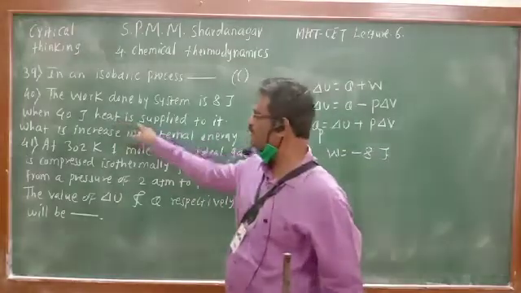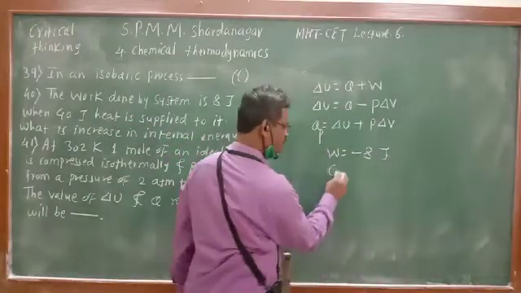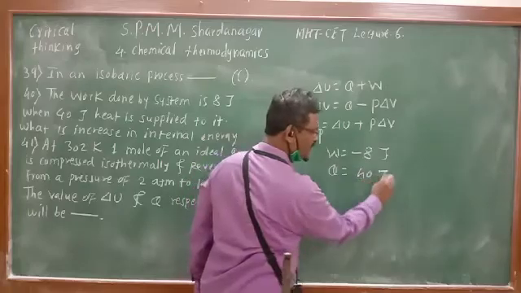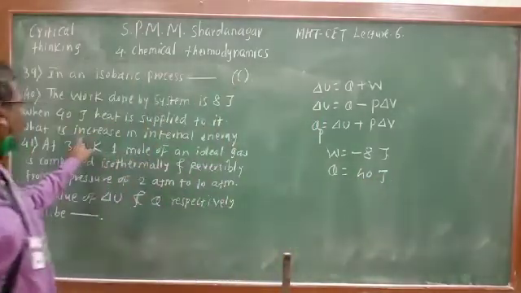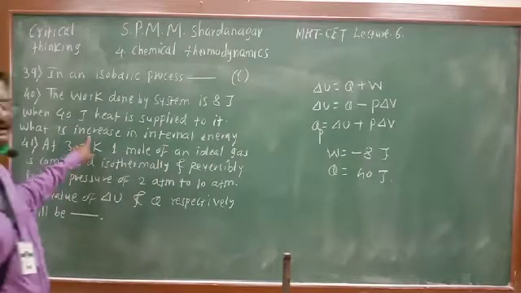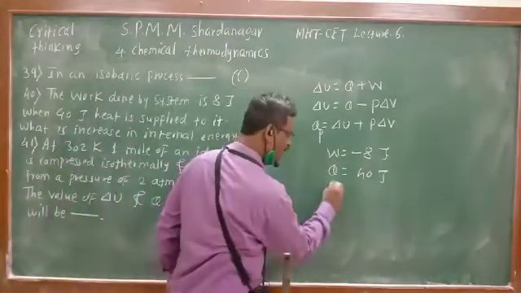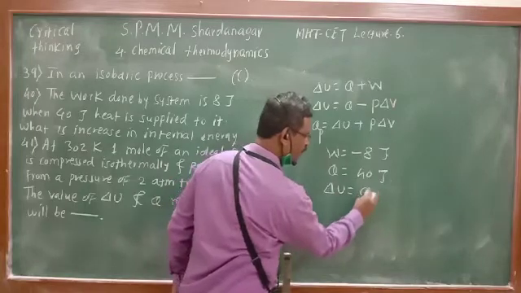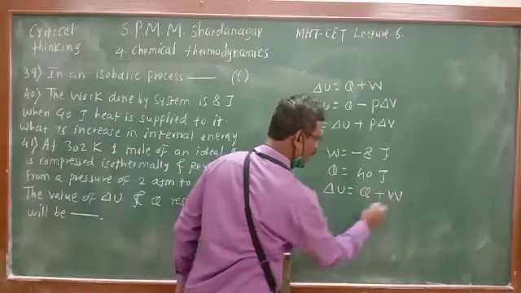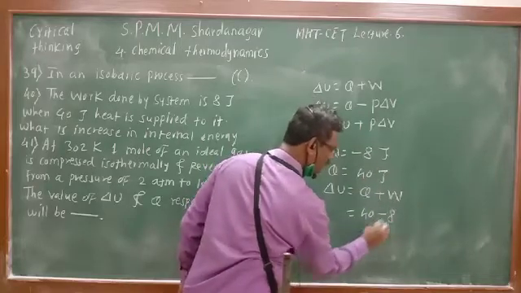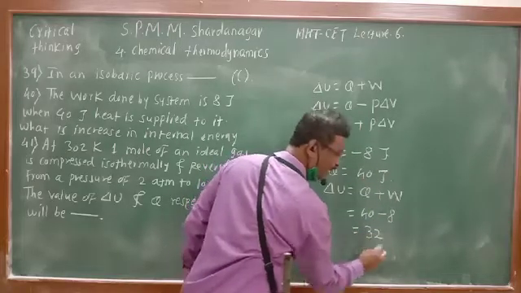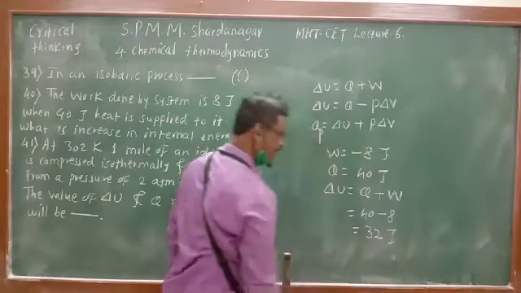When 40 joule heat is supplied, means heat is absorbed. 40 joule heat is absorbed, and we have to calculate the increase in internal energy. Very simple. Delta U will be equal to Q plus W. Q is 40, W is minus 8. Therefore, answer will be 32 joule.